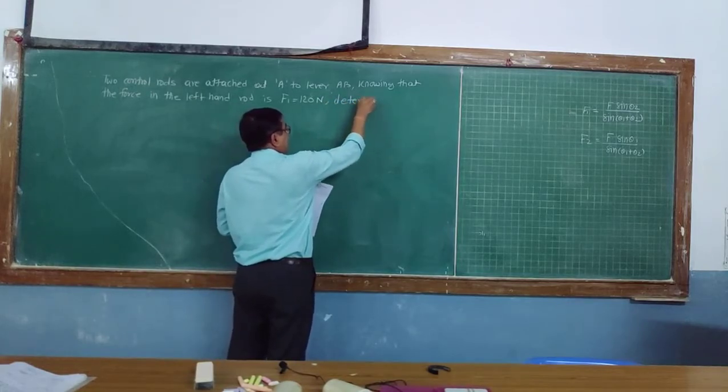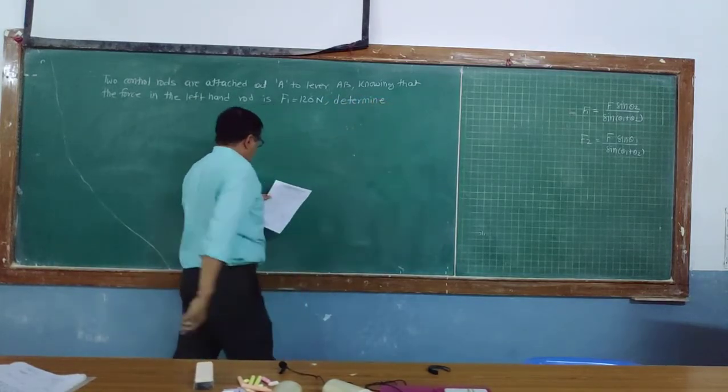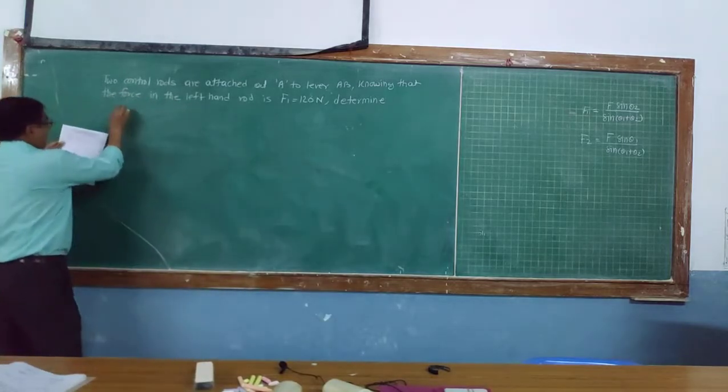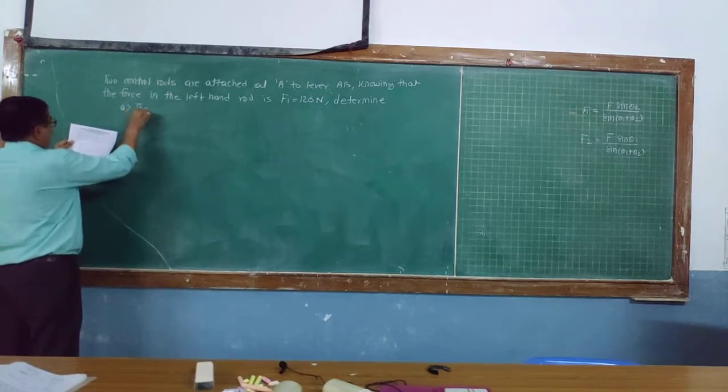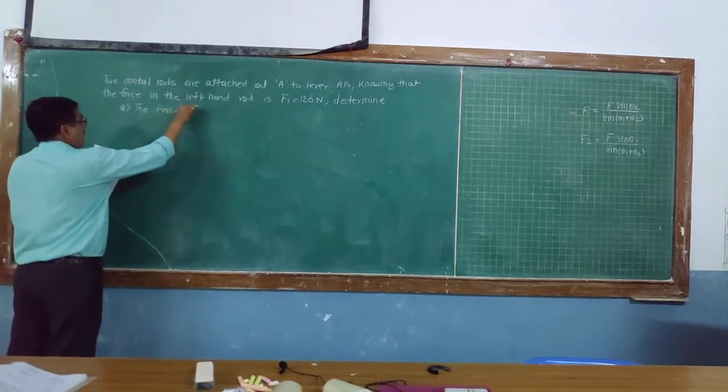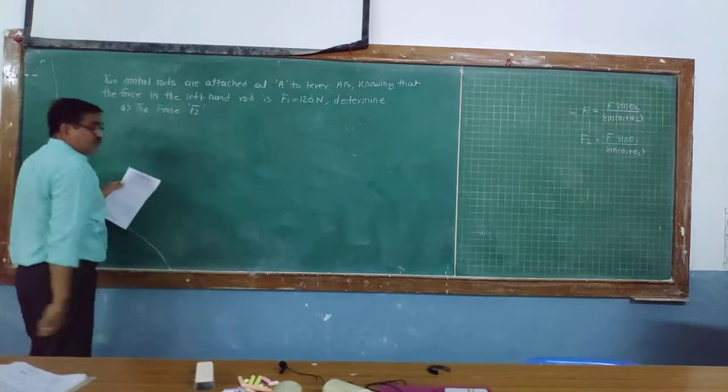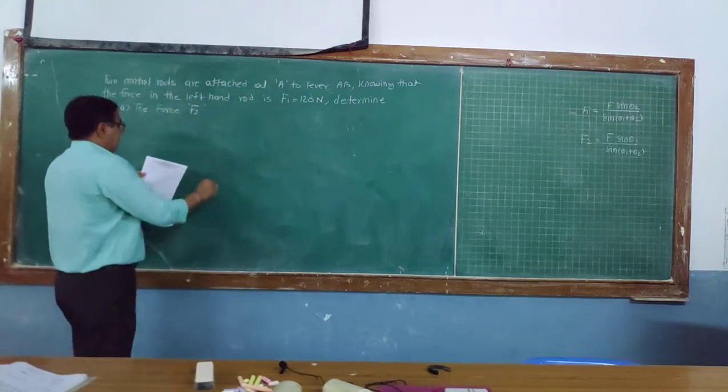Now what we have to determine? Determine A, the force F2. F1 is given, F2 in the right hand rod.